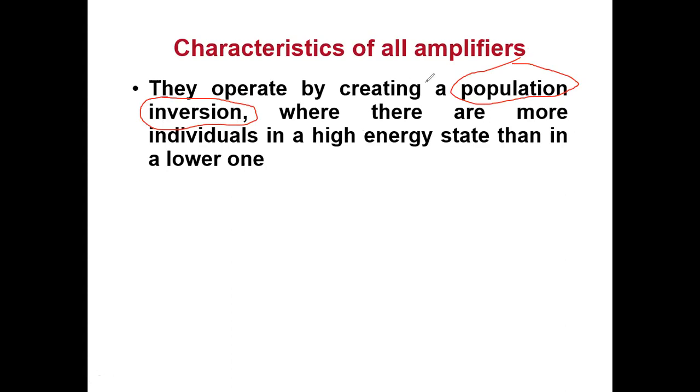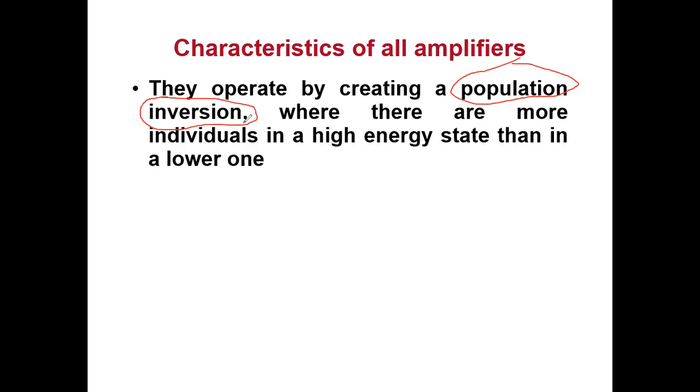Okay, now what is population inversion? That I will explain in this slide only. In the next chapter, I will elaborate it in detail with graphs and all, because a short question, जैसे regular paper होता था 5 marks का question, what is population inversion is usually asked. So amplifiers work by using population inversion, so that you should remember.